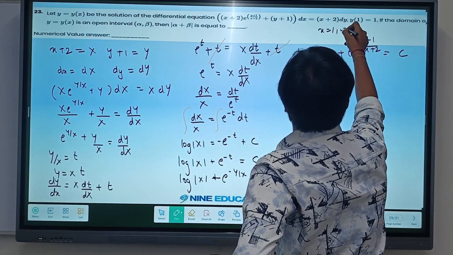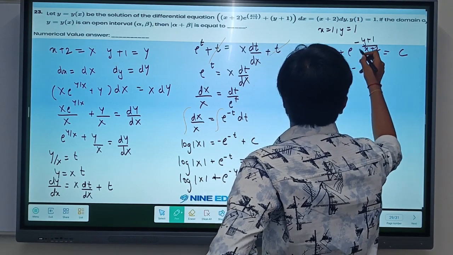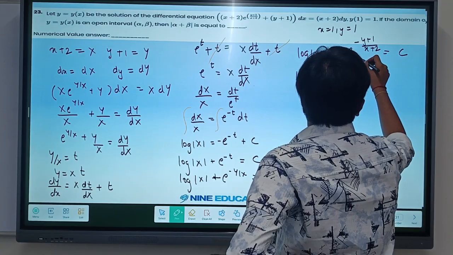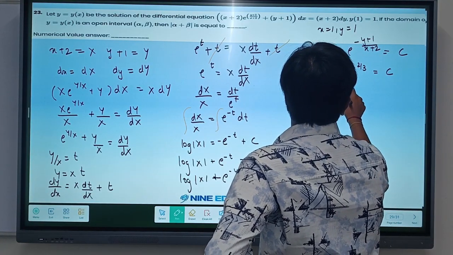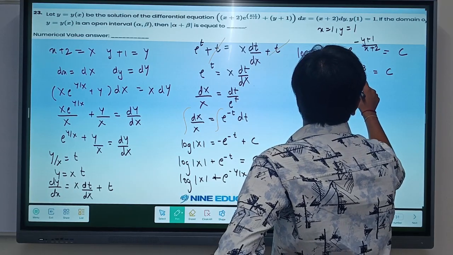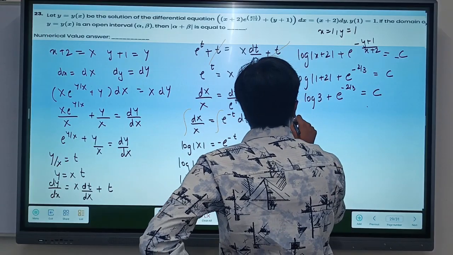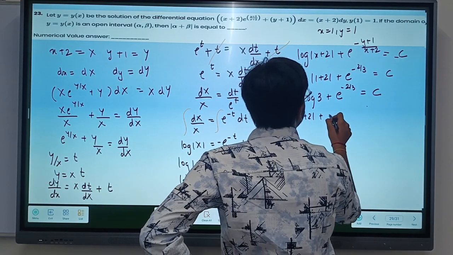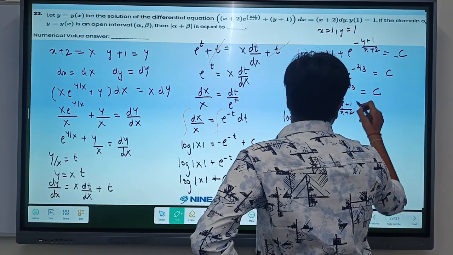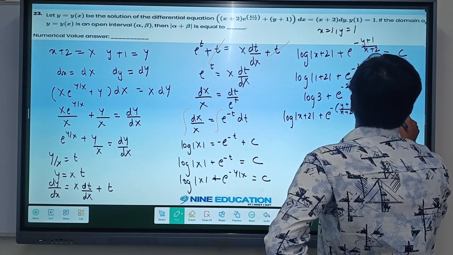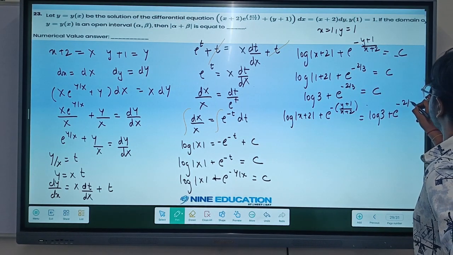Now what is given? At x equal to 1, y is also 1. So log of 1 plus 2 plus e power minus 1 plus 1, 2 by 3 is equal to c. So log 3 plus e power minus 2 by 3 is equal to c. So here we have log of x plus 2 plus e power minus of y plus 1 by x plus 2 is equal to log 3 plus e power minus 2 by 3.